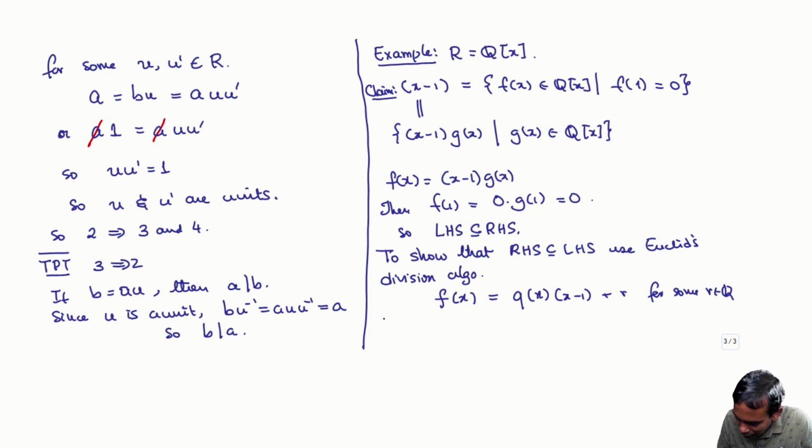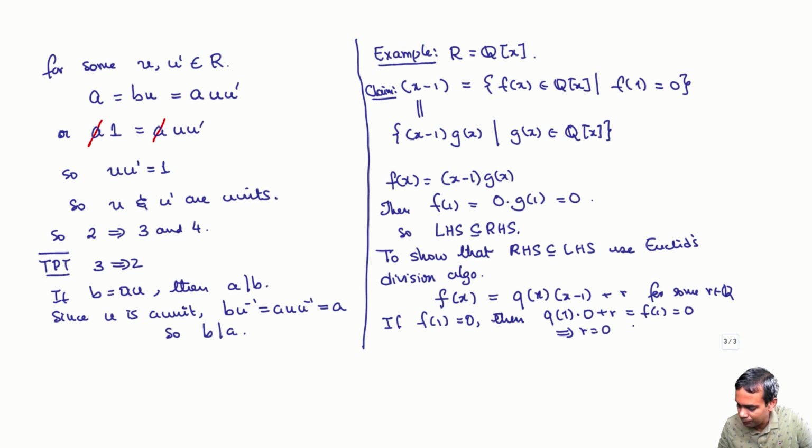Now if f(1) equals 0, then substituting x equals 1 on both sides of this, we have q(1) times 0 plus r is equal to f(1), which is equal to 0, which implies that r equals 0. So that means that f(x) is divisible by x minus 1.